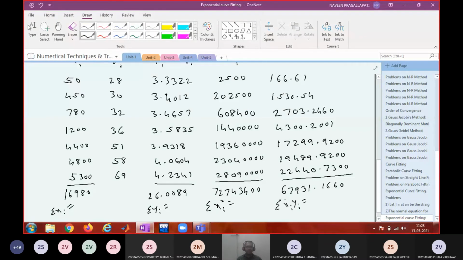Okay. So once you have these column sums, you substitute these values in the equations. Data points are how many? 1, 2, 3, 4, 5, 6, 7 data points.